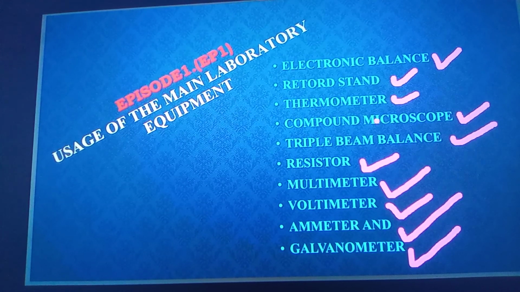So these are main equipment which are going to be discussed within this episode, which is episode number 1.